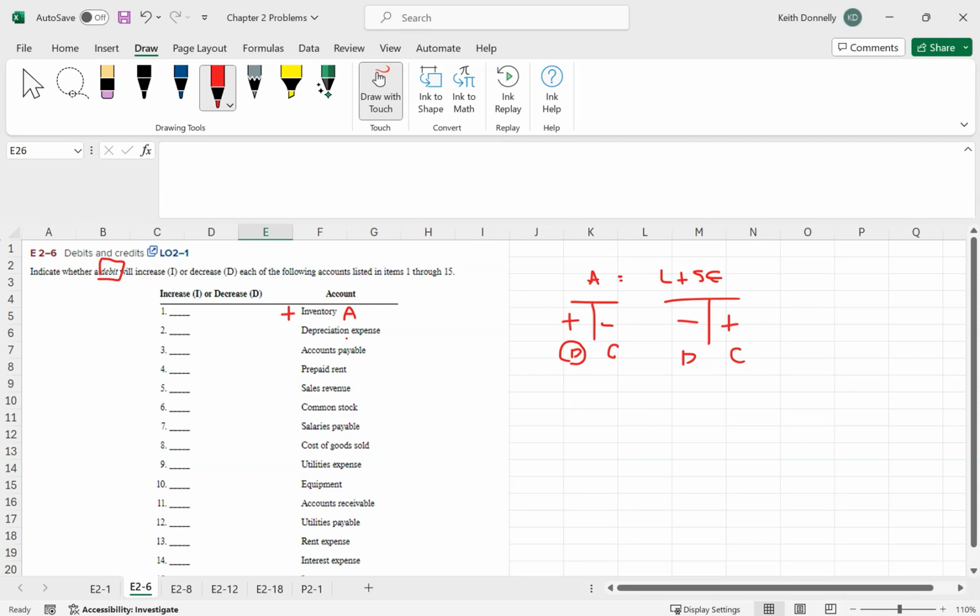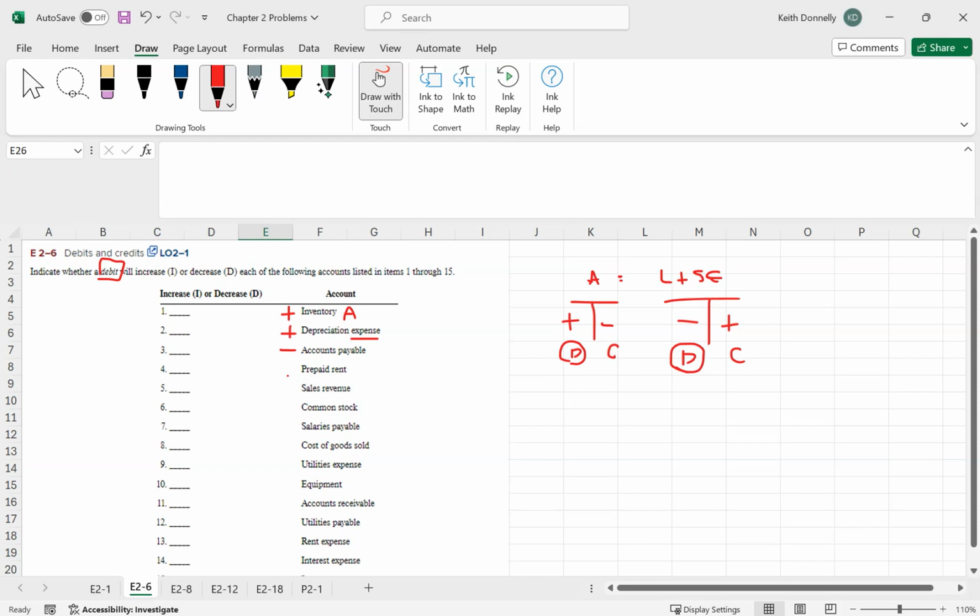Likewise, depreciation expense. What's going on when you debit a depreciation expense? Expenses you normally debit, revenues you normally credit. Accounts payable is a liability, so when you have a debit on a liability, that's going to be a decrease.